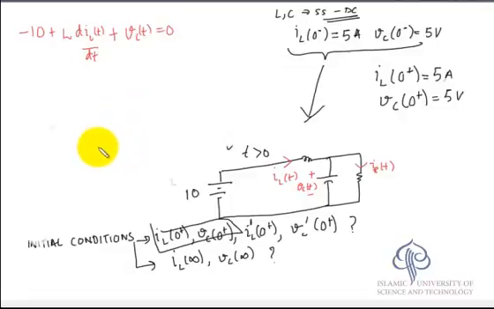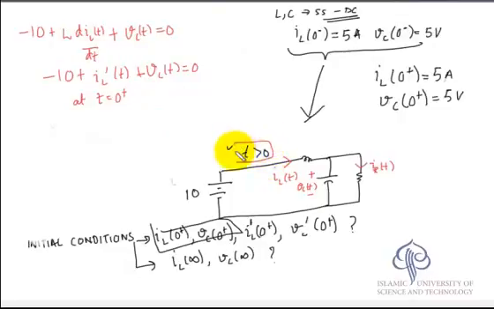Since the inductor is 1 Henry, we can write minus 10 plus iL'(t) plus vC(t) equal to 0. This equation is valid for t greater than 0, so at t equal to 0 plus we can write minus 10 plus iL'(0+) plus vC(0+) equal to 0.